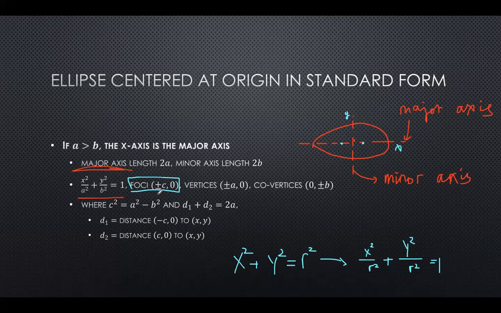How to represent the foci is we have to compute the c here first. The c here has the equation c squared equals a squared minus b squared. And after you find the c, you just add c to get one focus, and you minus c to get the other one.